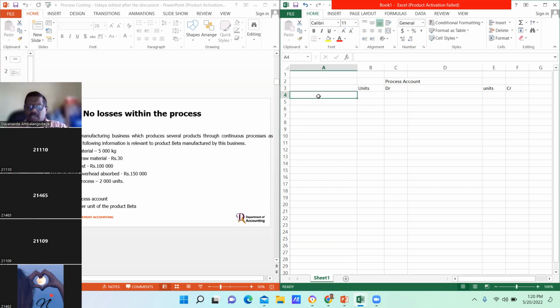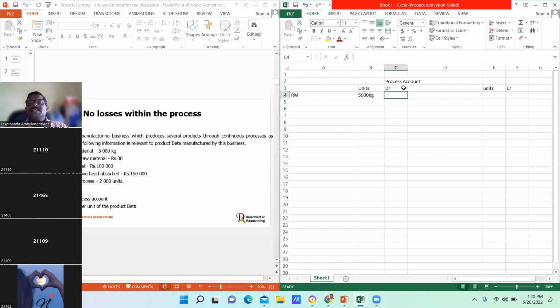When you introduce raw material, you insert raw material. I am putting it as RM, raw material. Here you put 5,000 kg, and 1 kg is 30 rupees.